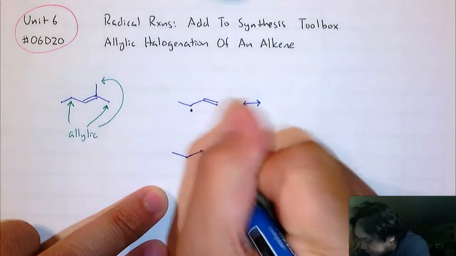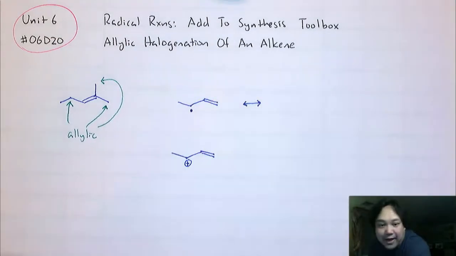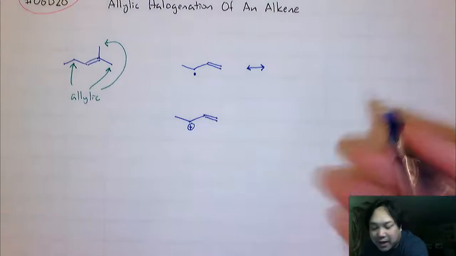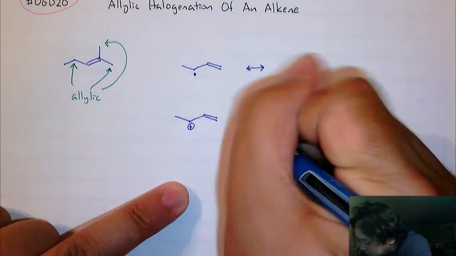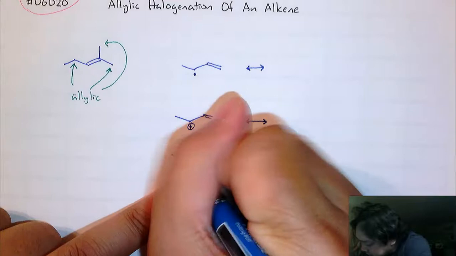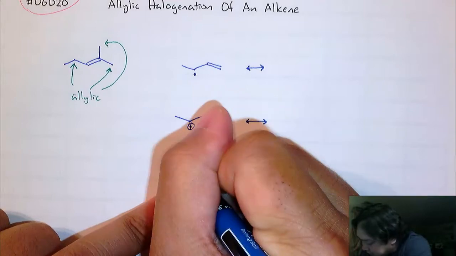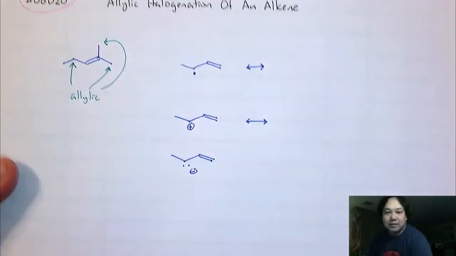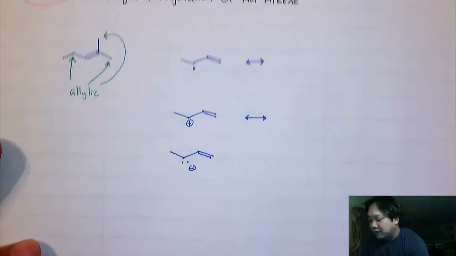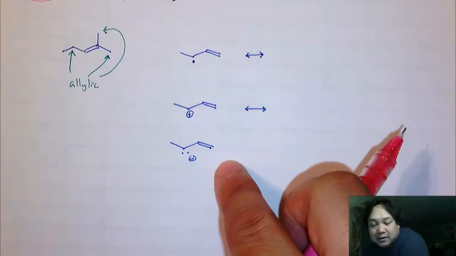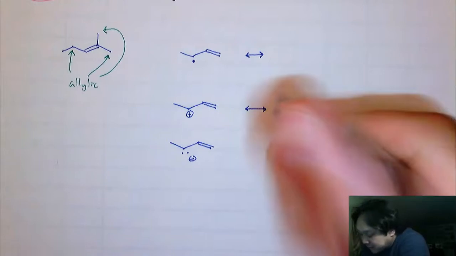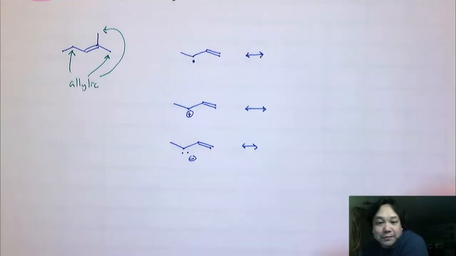How would you draw the resonance for that allylic carbocation, but also allylic carbanions, right? If you feel like you could draw the resonance by drawing the mechanism arrows, go ahead and pause the video.